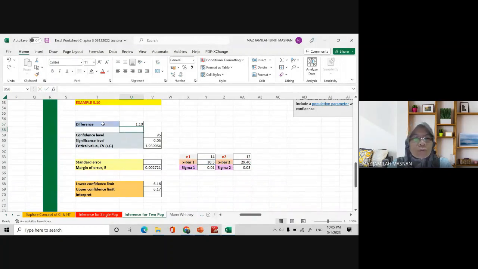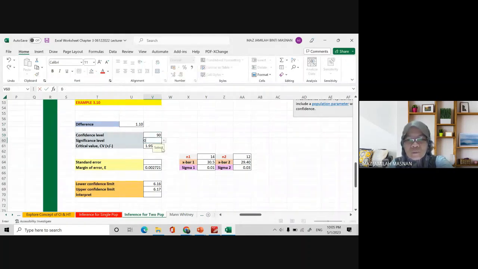Enter. So you are referring to this difference. Now, the confidence level: construct and interpret a 90% confidence interval. So you are talking about 90%, so then you have 0.10.